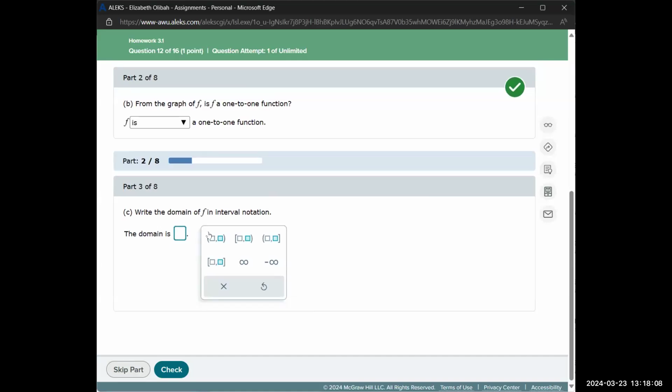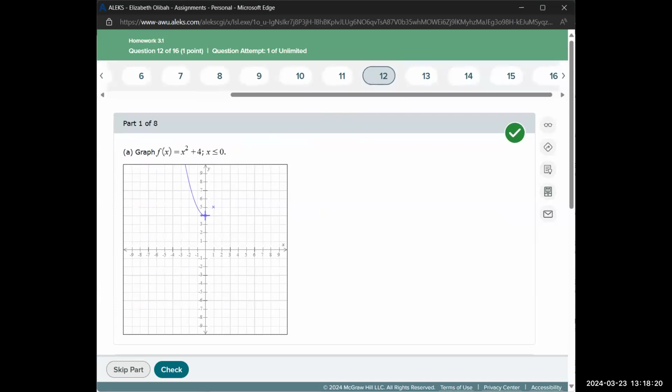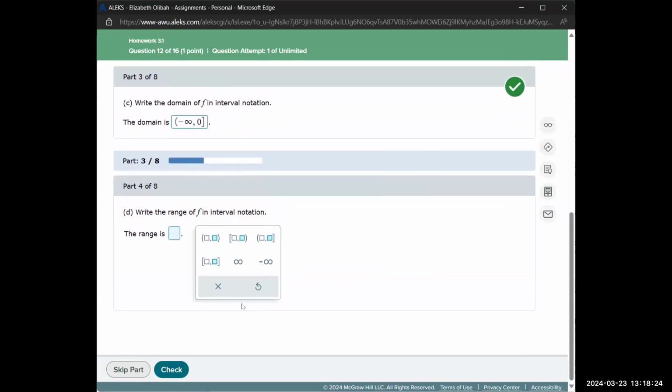So it would be -infinity to 0 with a bracket because it was included in the graph. What is the range? The range starts at +4 and then goes up forever. So starting at 4, going to infinity, parenthesis.